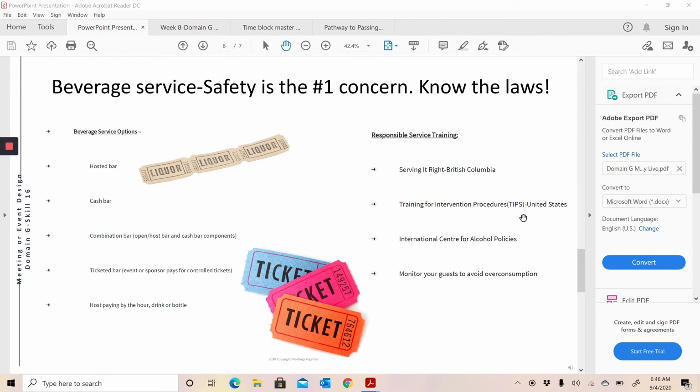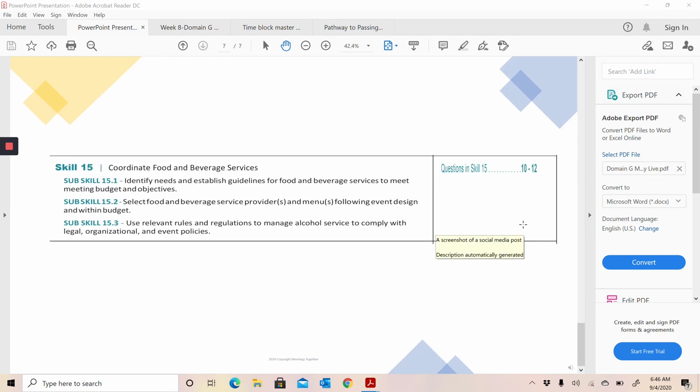So serving it right is in British Columbia, and then the tips training is what we have here in the U.S. And then the International Center for Alcohol Policies, and then again, monitor that your guests are not over consuming. The bartender is responsible, but the event professional is also responsible to make sure that everybody is safe. And then that's it.